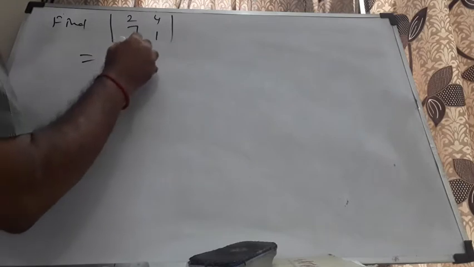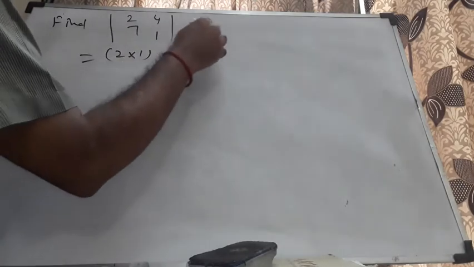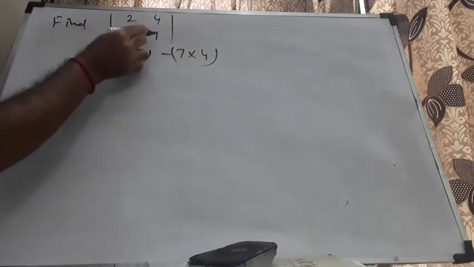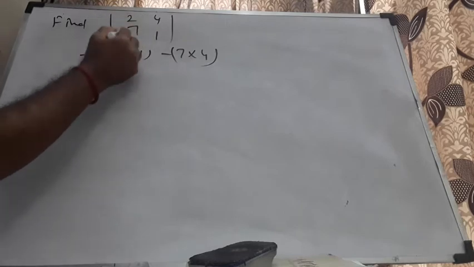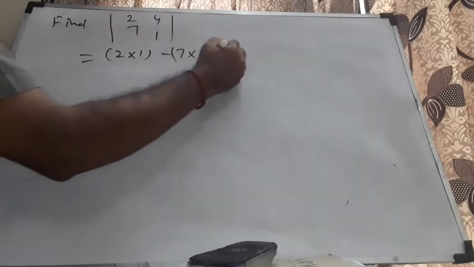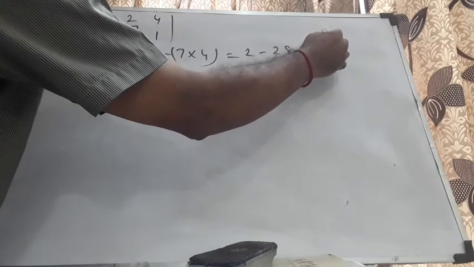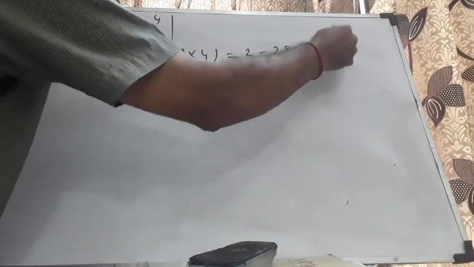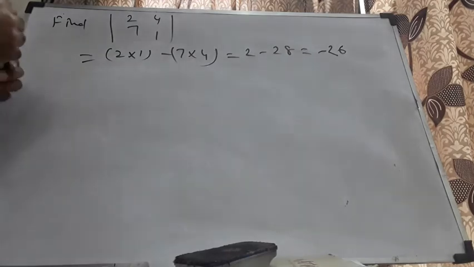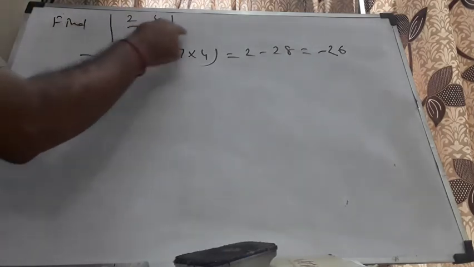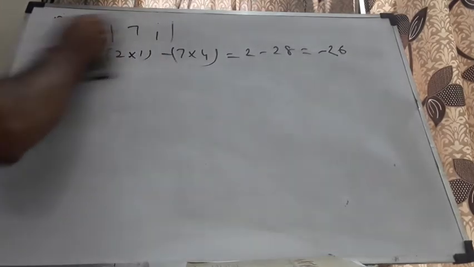What does it mean? 2 into 1 minus 7 into 4. I told you, multiply the main diagonal, 2 into 1, minus the product of the second diagonal. Therefore 2 minus 28, which is minus 26. Multiply the main diagonal minus multiply the second diagonal: 2 minus 28, which is minus 26.